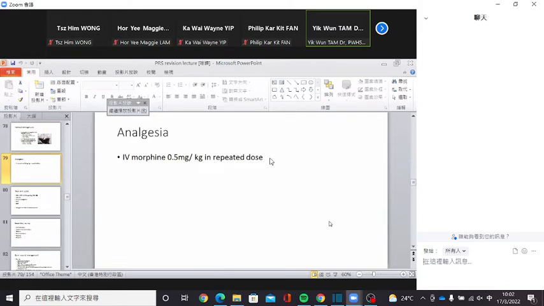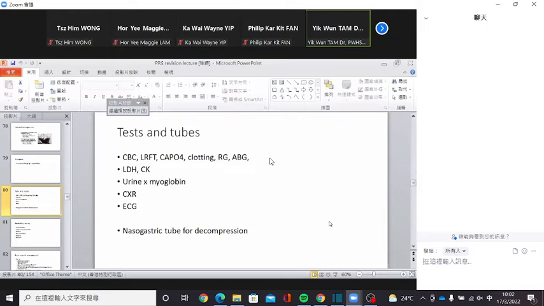So analgesia, we give morphine for the patients for pain control, then check the tests: CBC, liver and renal functions, those basic bloods. If you're in doubt of any inhalation injury, of course, check the blood gas. Any doubt for muscle injury, check CK and LDH and urine for myoglobin, chest X-ray and ECG.